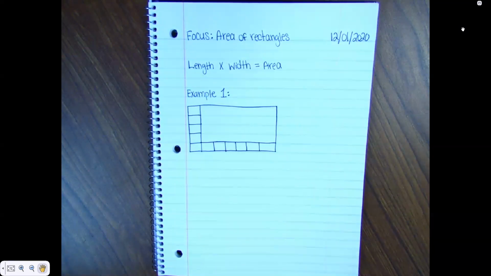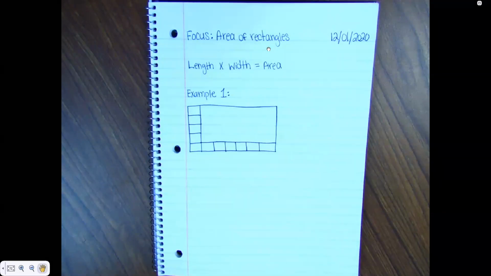So this is his section of land for his carrots. He wants to know how many square yards the whole carrot section will be.